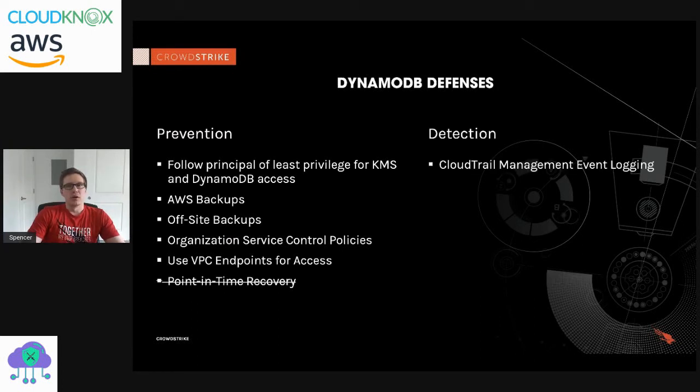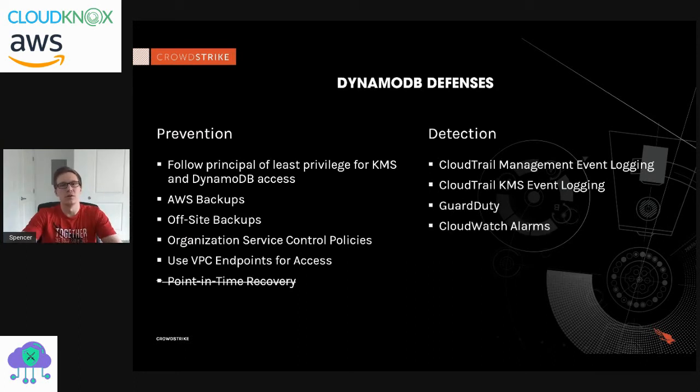For detection, CloudTrail management event logging, again, very useful. KMS event logging, very useful. GuardDuty, always very useful. CloudWatch alarms, you could use these to monitor the read and write capacity of your tables. So if there's a huge amount of reads or a huge amount of writes to your tables, you could alert off of that.